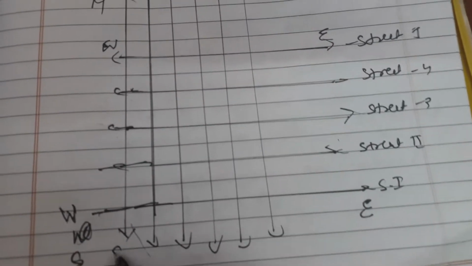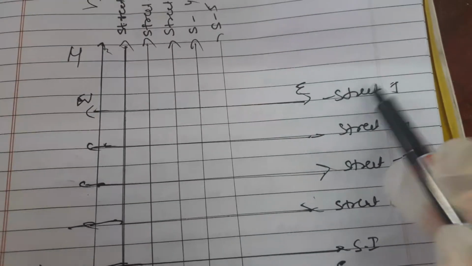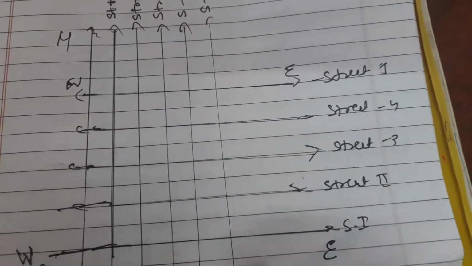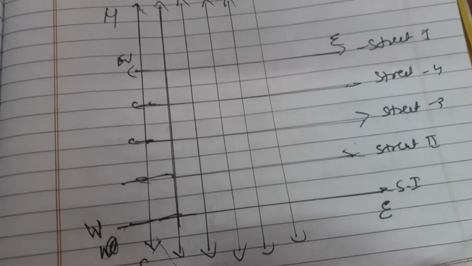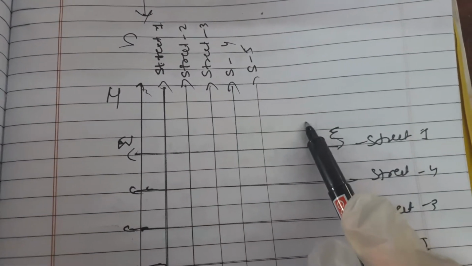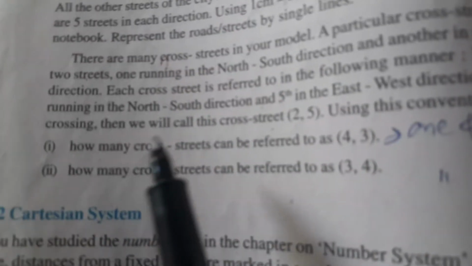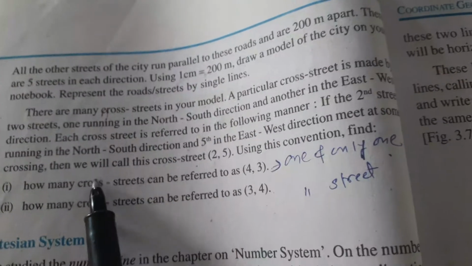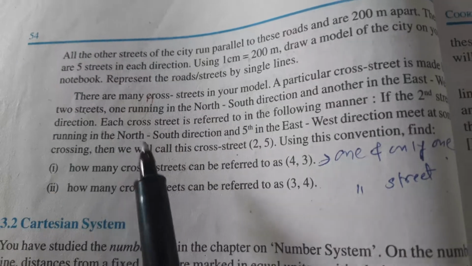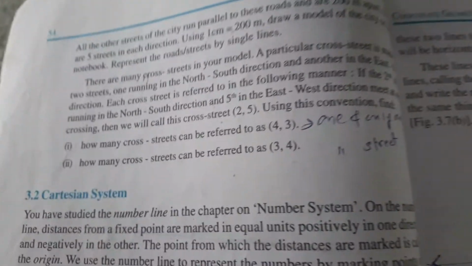And in east-west direction, they are parallel: street 1, street 2, street 3, street 4, street 5. So in east-west direction, all the streets are parallel to each other, and in north-south direction, they are parallel to each other. We have to locate, here it is given, the second street running in the north-south direction and fifth street in the east-west direction.